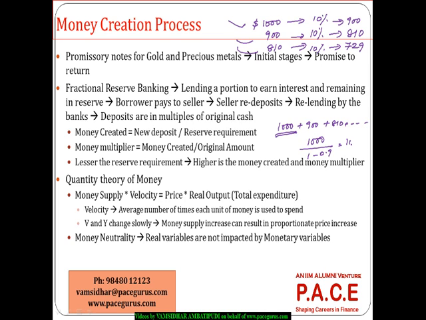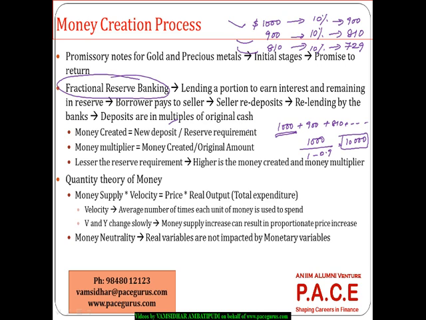So this is creating $10,000. The deposits are to the extent of 10,000 just by using 1,000 in the form of money. So this has given rise to growth in the banking system, the fractional reserve banking mechanism.